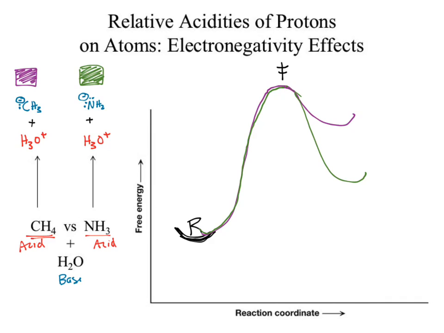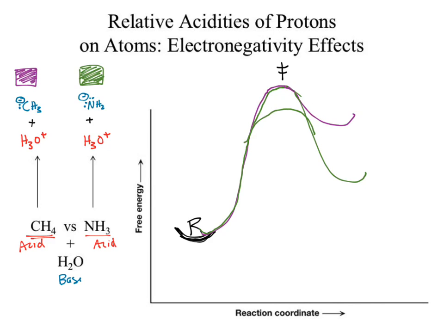It'll be closer in energy to the product than the reactant, which is already kind of what it's showing. But the power here is that if we compare these two, that purple line is higher as a product, which means its transition state energy should be higher than the green one, which means what happens to the green line?